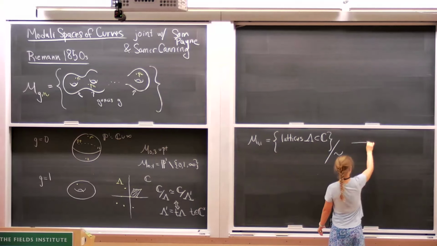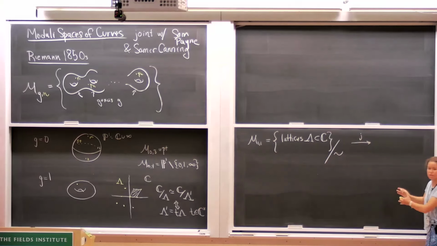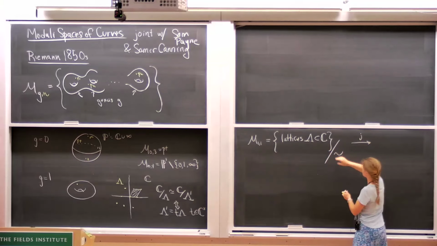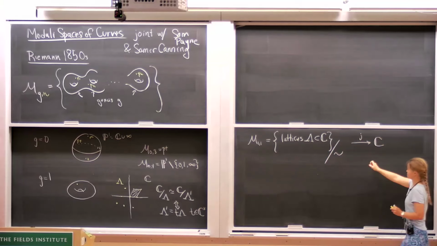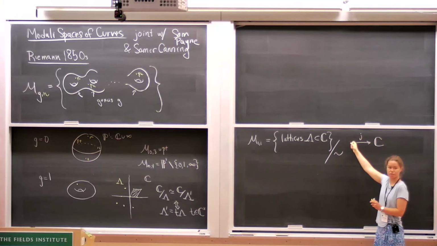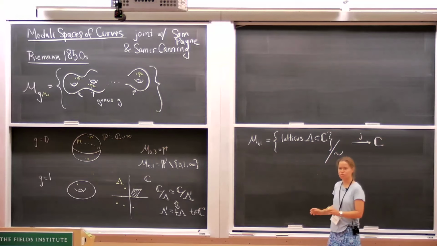And the theory of modular forms and modular functions says that this set is in bijection with the complex numbers by something called the j-invariant of this curve. All right, any questions so far about this moduli space?